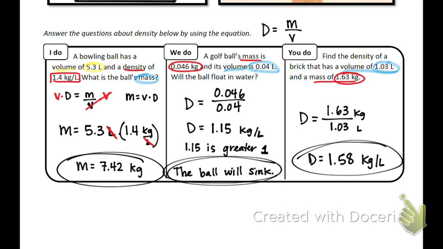Okay, we're going to skip the density and buoyancy page because we don't have as much time as I would like. But we are going to talk about this simulation.